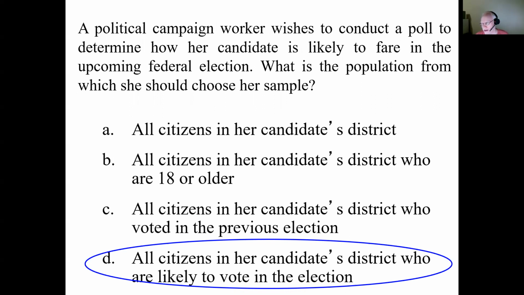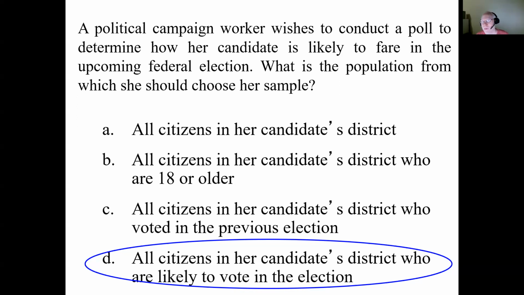All citizens in her candidate's district, if someone's a minor and therefore ineligible to vote, this would clearly not be the best sample for figuring out what voters will do. Our population of interest is all potential voters. All citizens in the candidate's district is not the same thing as the population of voters.